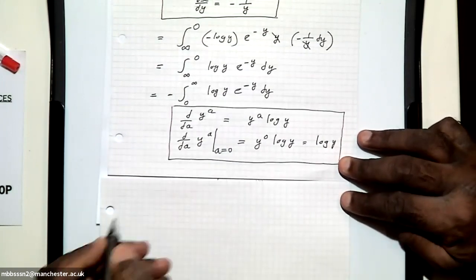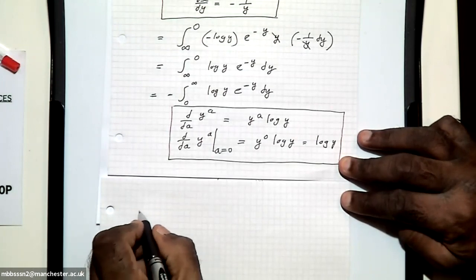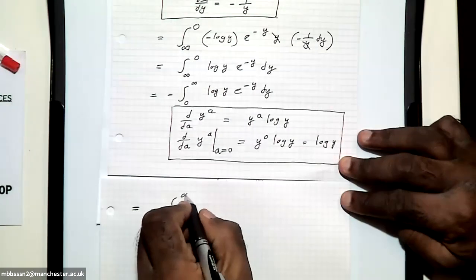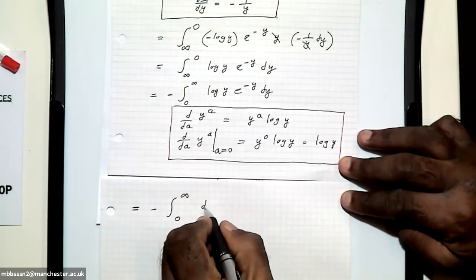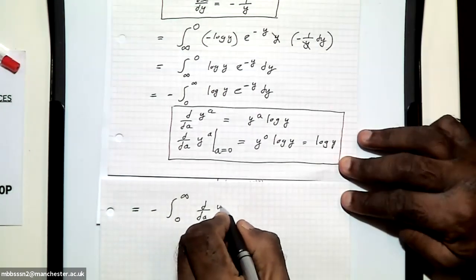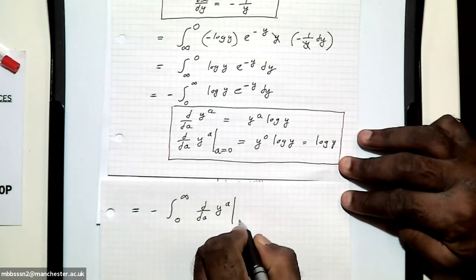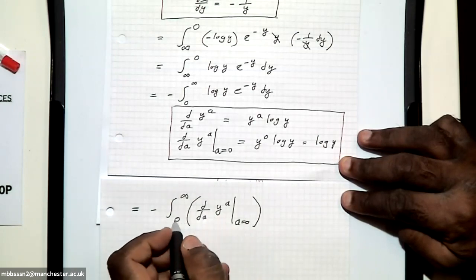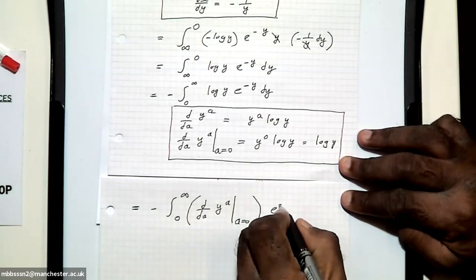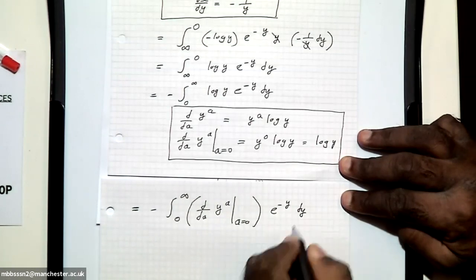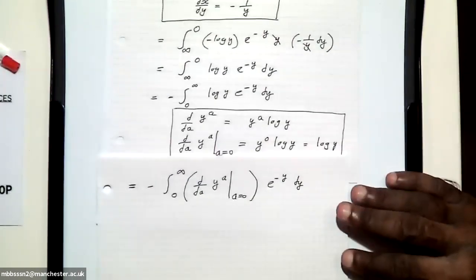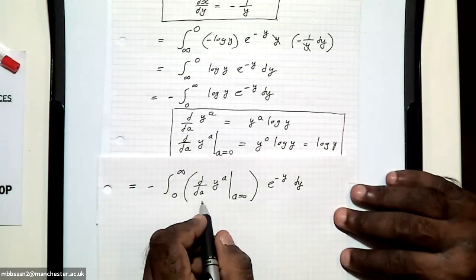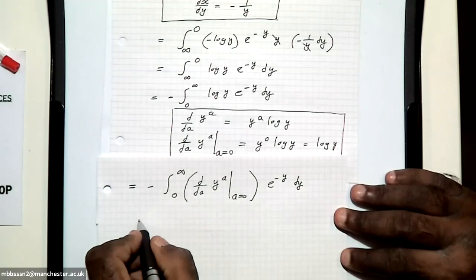So this becomes this, yeah? Now, the next step, I'm going to take the derivative operation outside of the integral.